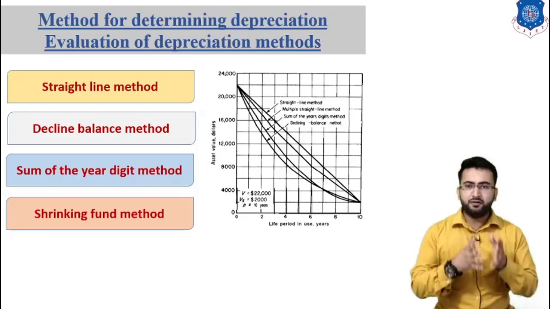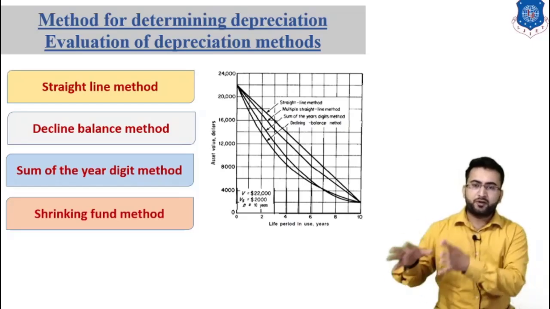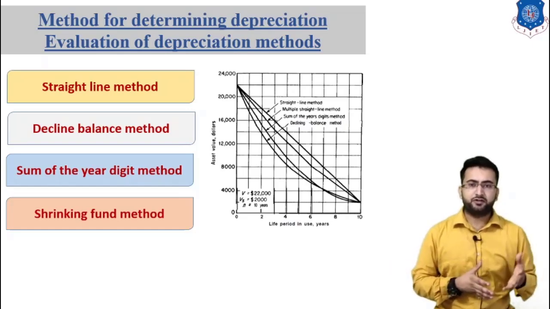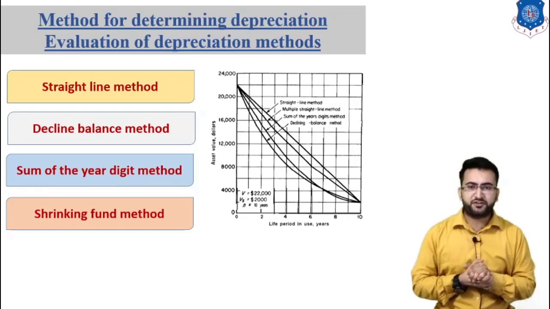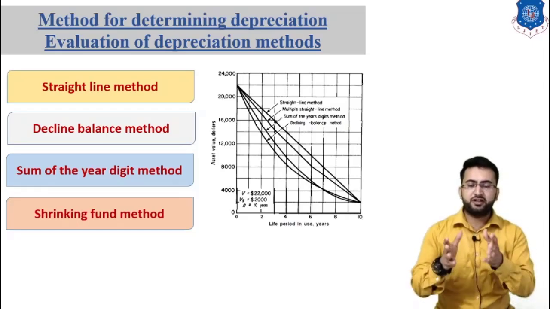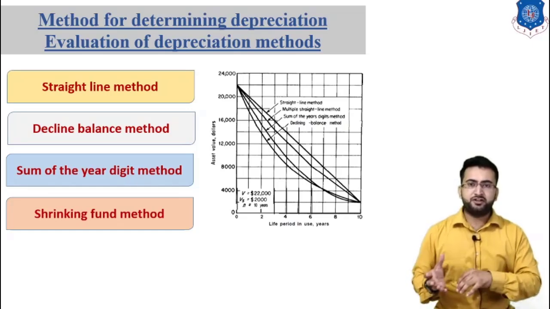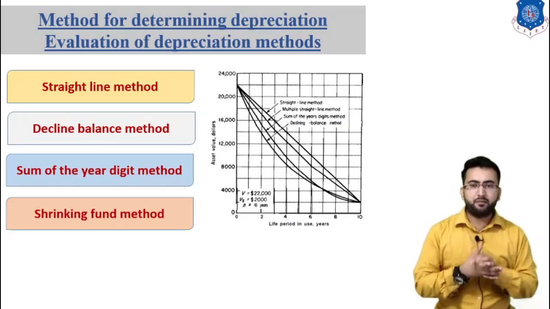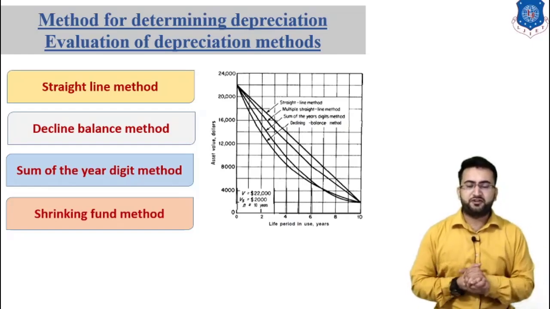Functional depreciation means a change in price due to reasons other than physical depreciation. There are various reasons for functional depreciation, such as a change in demand for the product, a decrease in demand for the product, and a change in public authority requirements. So these are all reasons for functional depreciation.